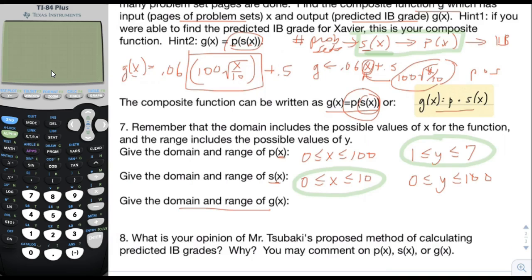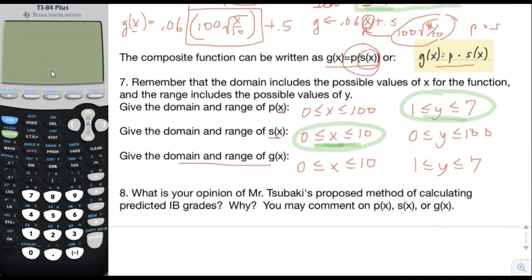Because in my super great system, which is the g of x function, I take the number of problem sets you did out of 10, and I convert that to an IB predicted grade. Okay? So my x, or input, is going to be between 0 and 10, because that's the number of problem sets you did. And my output is going to be your IB grade, which is between 1 and 7.